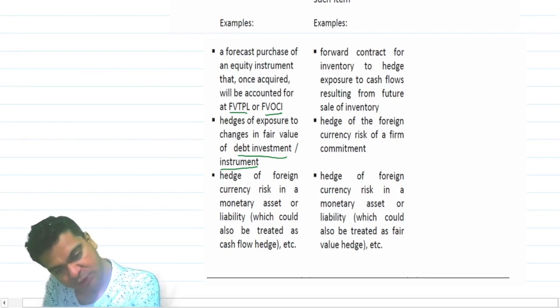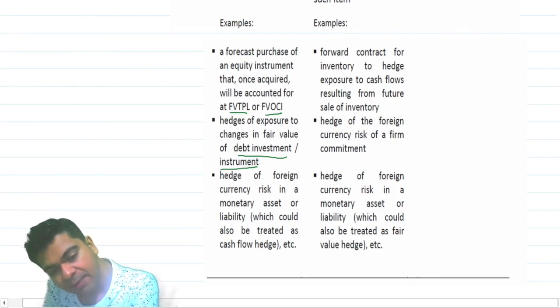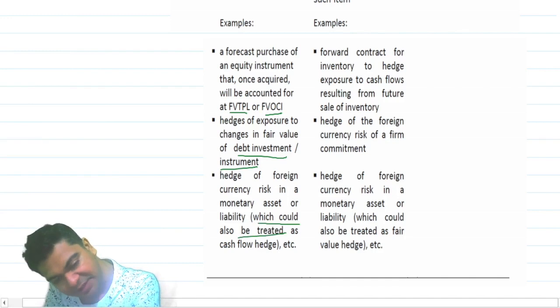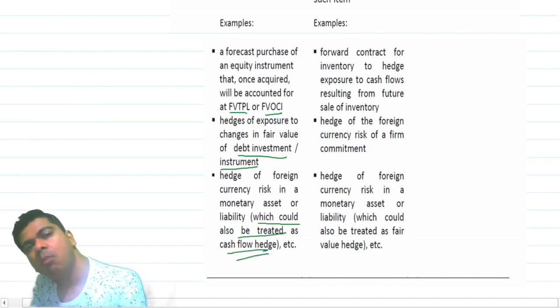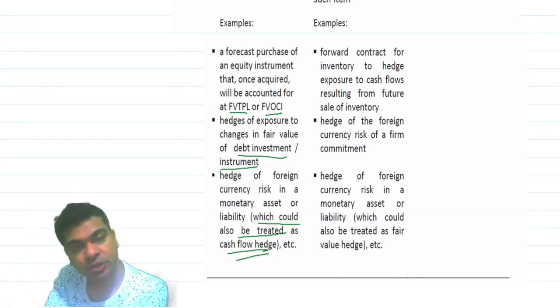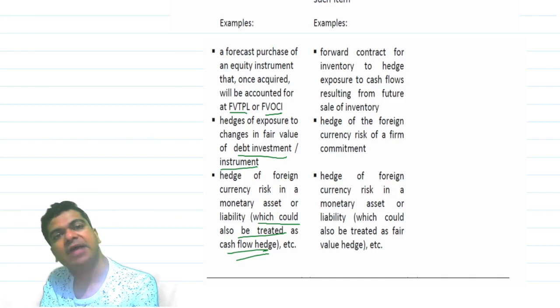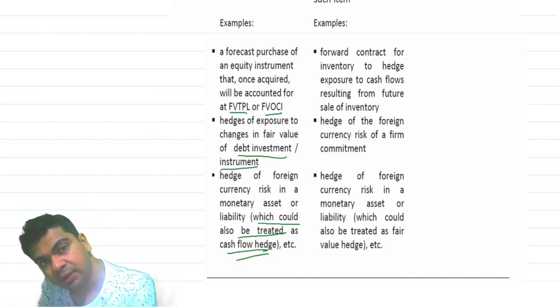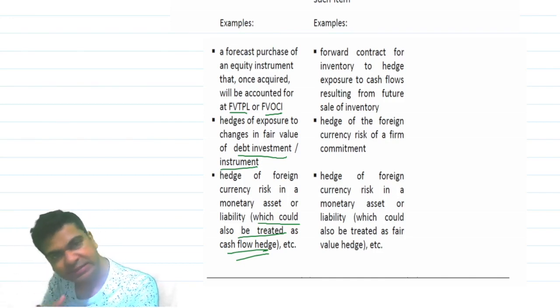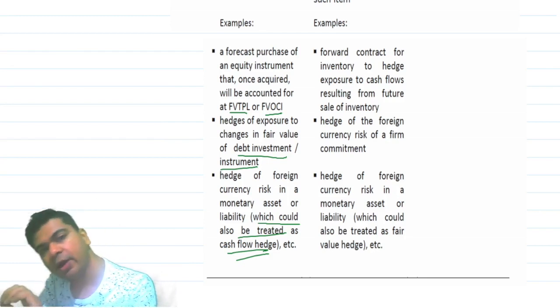Or hedge of a foreign currency risk in a monetary asset or liability. But remember, you can also treat this as a cash flow hedge. Most of the times it is treated as a cash flow hedge, but fair value hedge is also possible over here. For example, you have a firm commitment of buying inventory or selling inventory, but the inventory is going to be priced in a foreign currency.